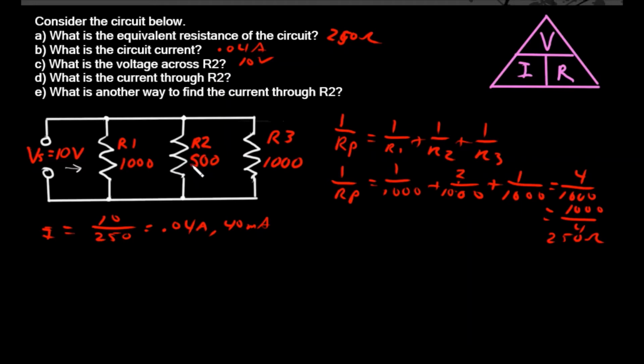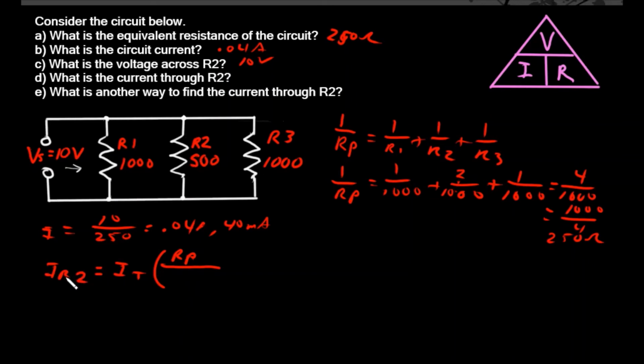What is the current through R2? Okay, so there's another equation for that. The current through a resistor in a parallel circuit, R2, is going to be equal to the total current, I total, which we found to be 0.04 amps, times Rp, the parallel equivalent resistance, which we found to be 250. It's going to be whatever the circuit resistance is, divided by the resistance of that resistor.